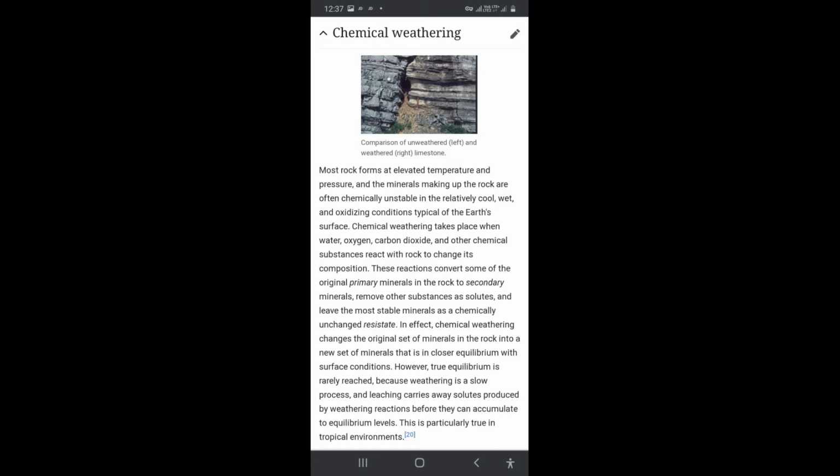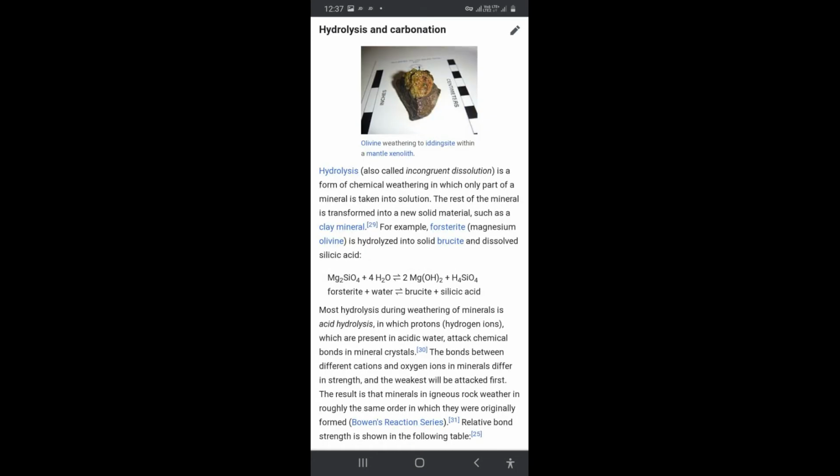When exposed to moisture, the ferric ion, also being unstable, is further oxidized into stable ferric hydroxide. So 4Fe plus 3O2 gives 2Fe2O3, and further Fe2O3 plus H2O makes it Fe2O3·H2O.